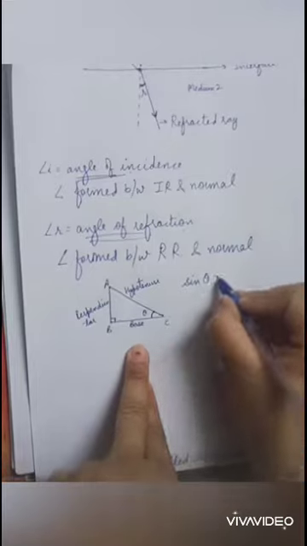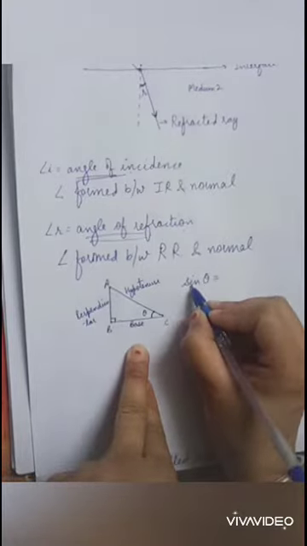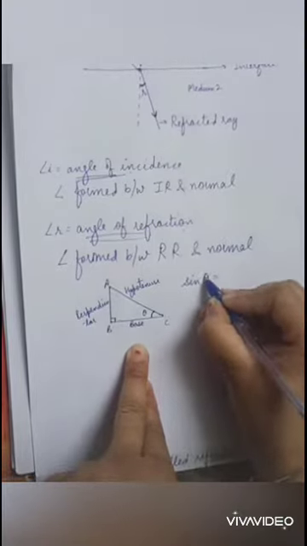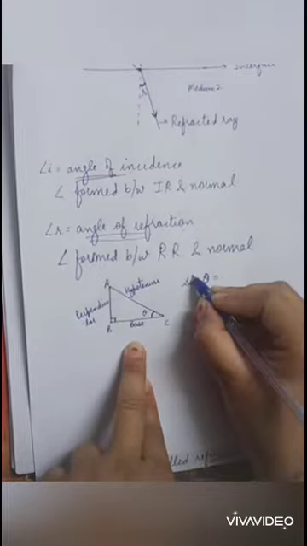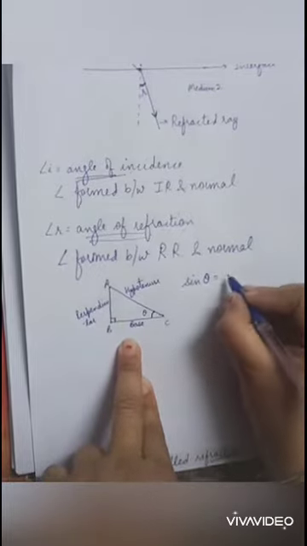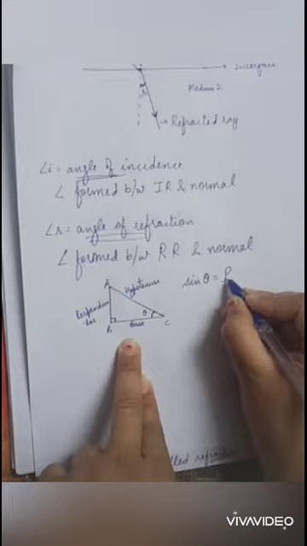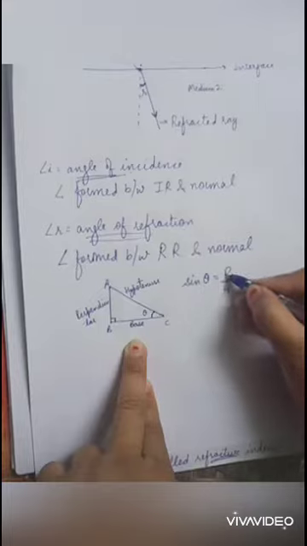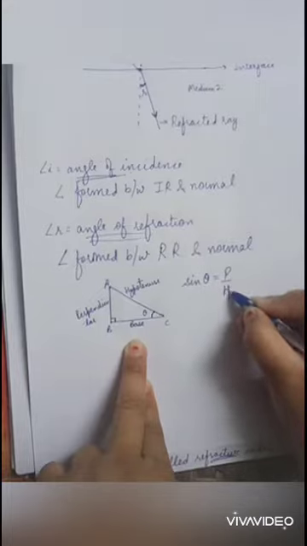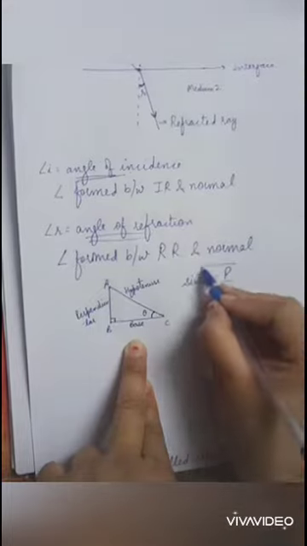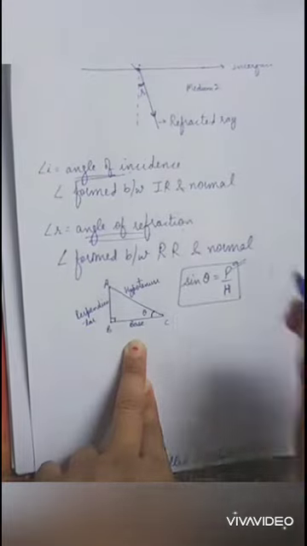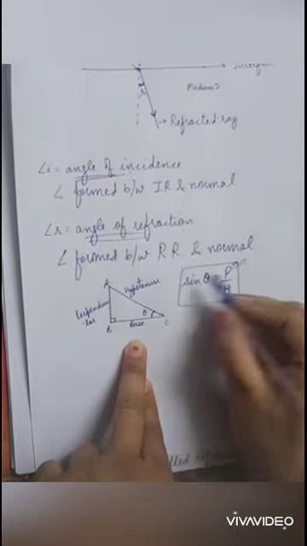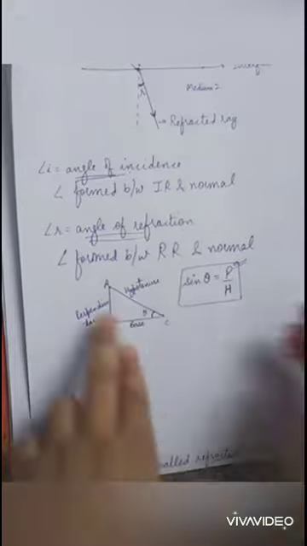To find the value of sine theta, sine theta is equal to the ratio of perpendicular to hypotenuse. We will be learning this in the chapter on trigonometric ratios in mathematics.